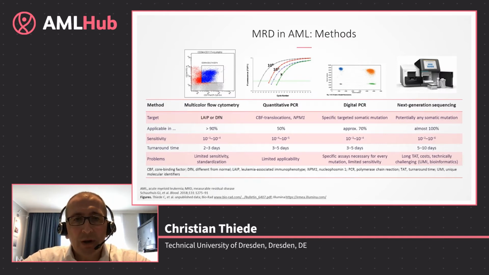We have heard already a lot about the applicability of flow cytometry as a very attractive method, being broadly applicable in the majority of patients, with a sensitivity which is clinically useful, 10 to the minus 4, 10 to the minus 5. Very rapid turnaround time, but still some limitations, of course, with the sensitivity and the standardization, which is ongoing.